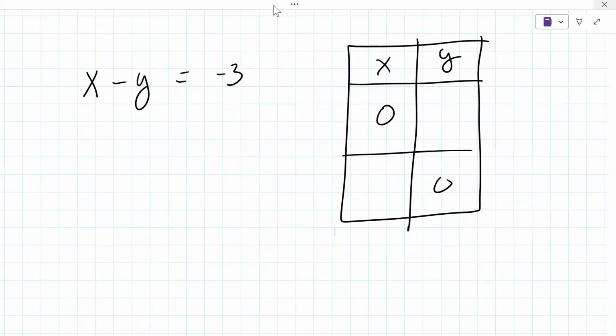Would y be 0? Yep. Try again here. So it's 0 minus y equals -3.